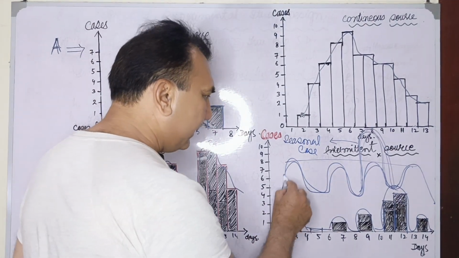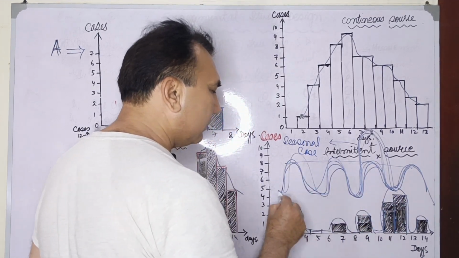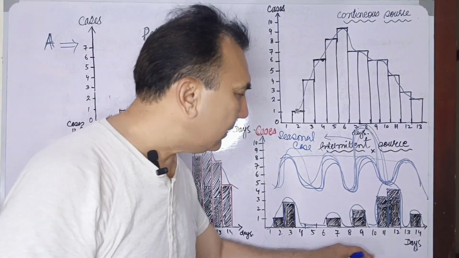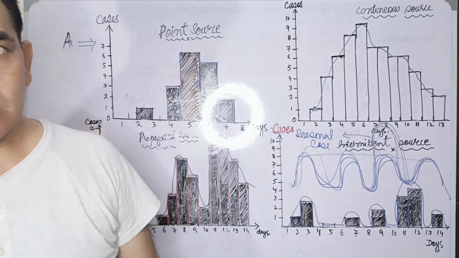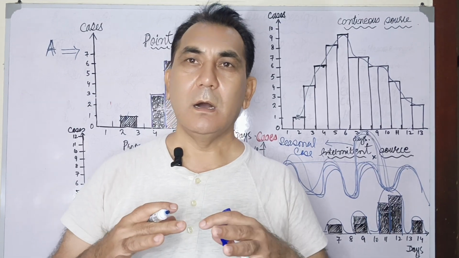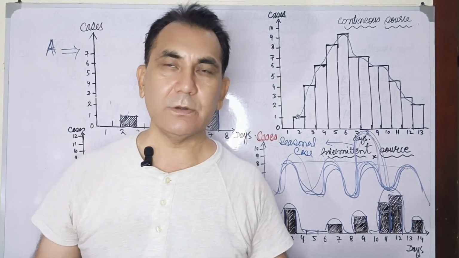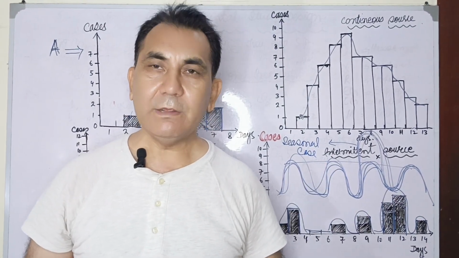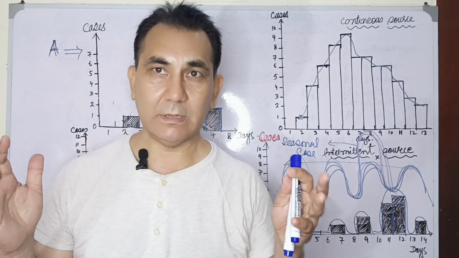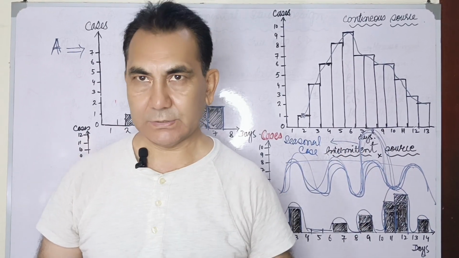So it increases, remains increased, and goes up and down: that is the intermittent source. Another example is malaria, which remains endemic in some geographical areas of African and tropical countries where there is rainy weather or hot climate. Vector-borne disease remains endemic there.